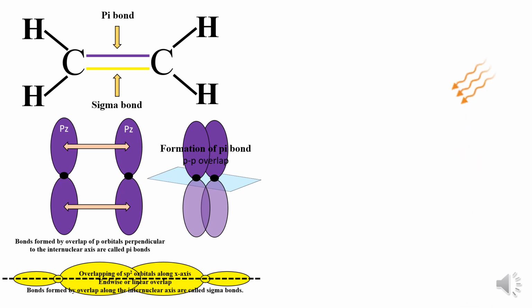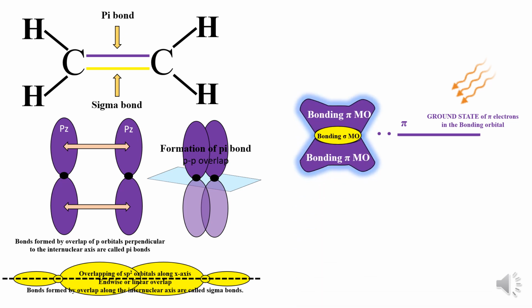When the right amount of energy is provided by the UV-visible radiation, when it strikes an unsaturated molecule, the pi electrons present in the pi bonding molecular orbital absorb the energy given by the UV-visible radiation and undergo transition to the excited state.